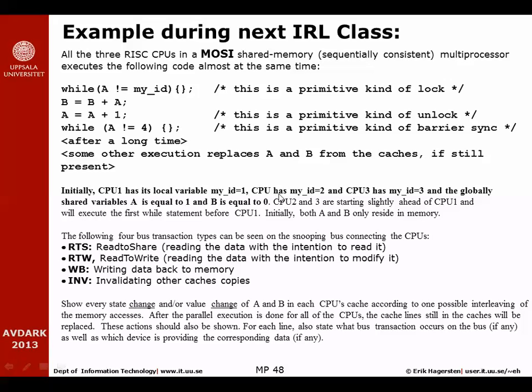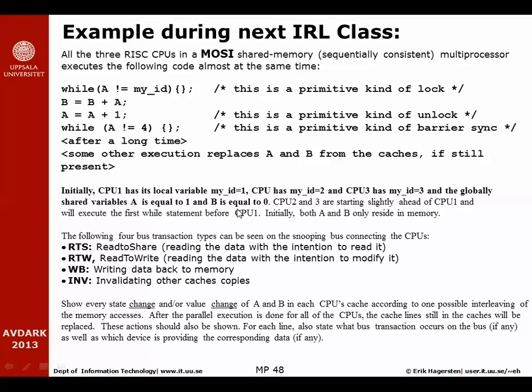CPU2 likewise has its own myID register set to 2, and CPU3 has its myID set to 3. No big surprise there. We also have two globally shared variables, and the variable A is initially set to 1, and the variable B is initially set to 0.